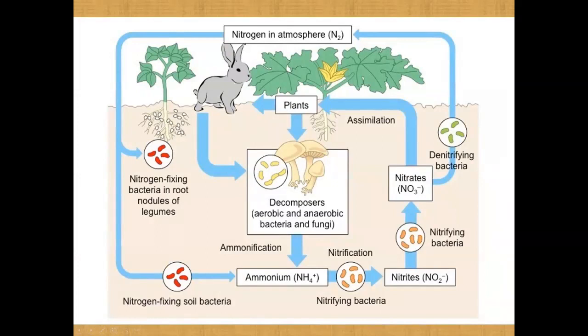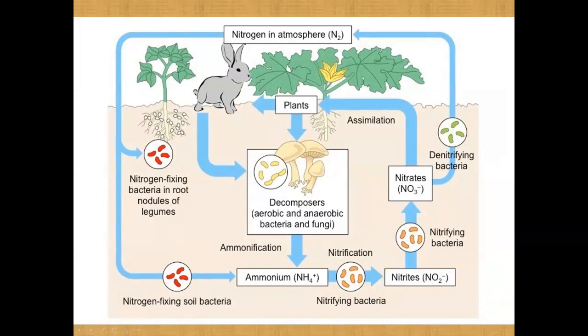An important part of this to have a basic understanding of is the nitrogen cycle. And this is our good old nitrogen cycle diagram here. Really what I have this here to show is how important the microbe activity is here.